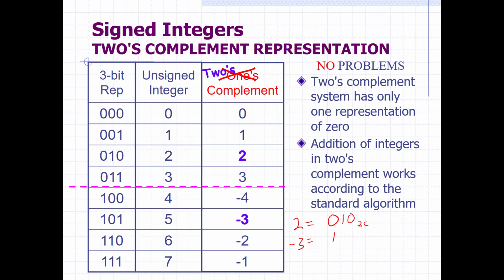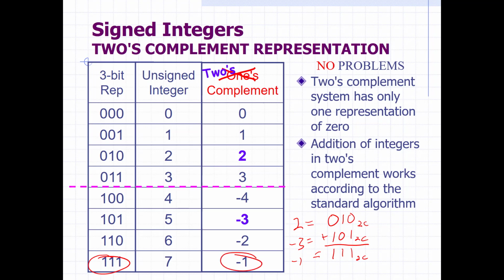That's the number 1, 0, 1 in 2's complement. When I add them, I end up getting the answer 1, 1, 1 in 2's complement. And you'll see that that does equal -1. 1, 1, 1 is -1.